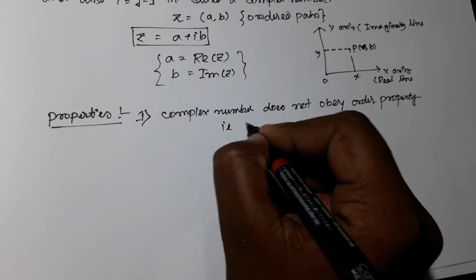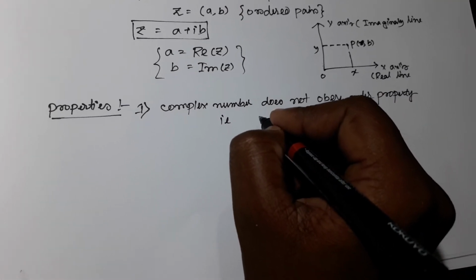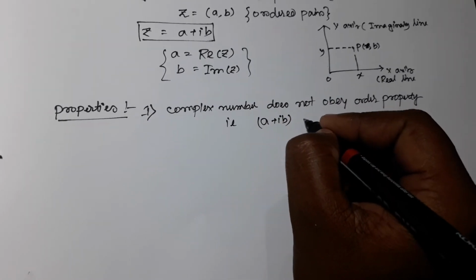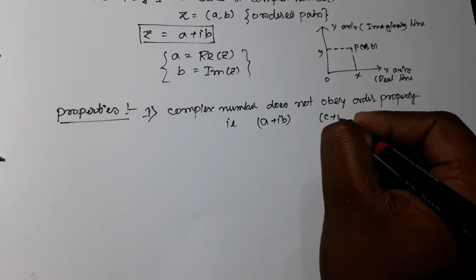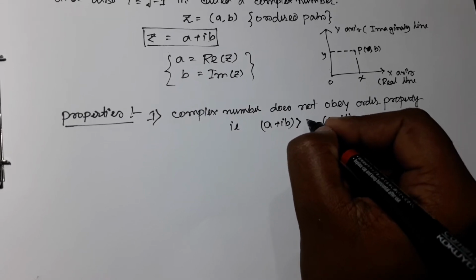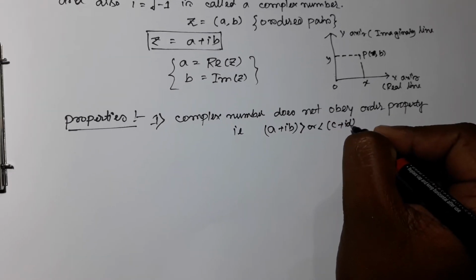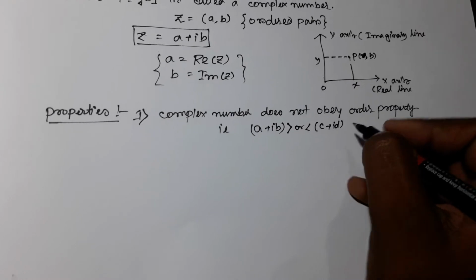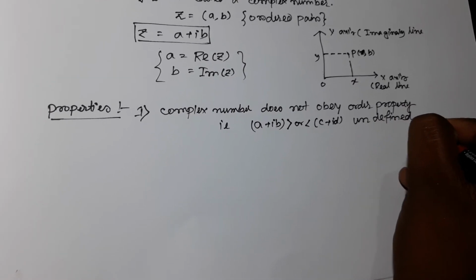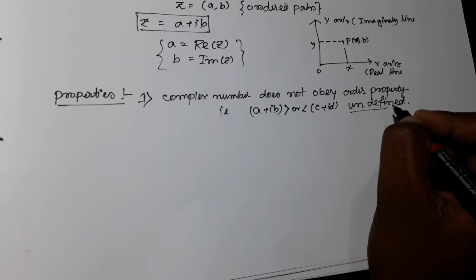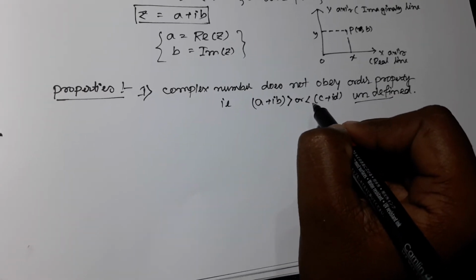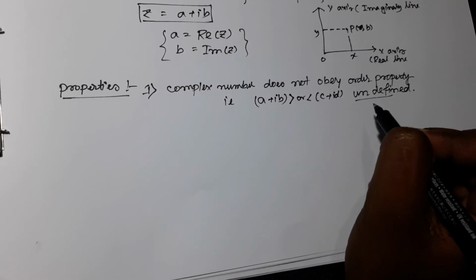That is, if we take a complex number of the form A plus iB and we take another complex number of the form C plus iD, then we cannot say that this number is greater or less than this, because this is undefined. It does not make any sense. We cannot say that A plus iB is greater than or less than C plus iD.